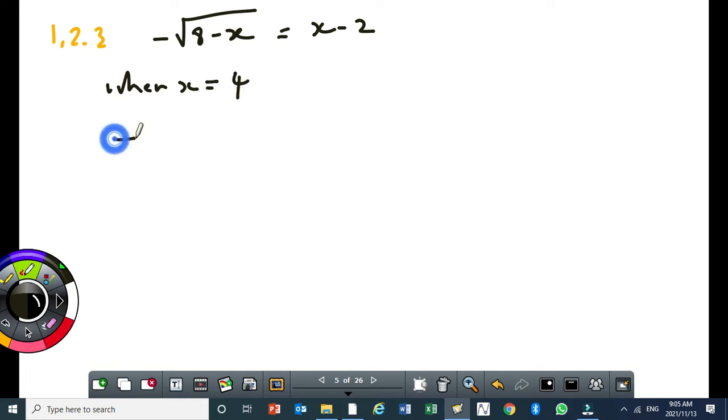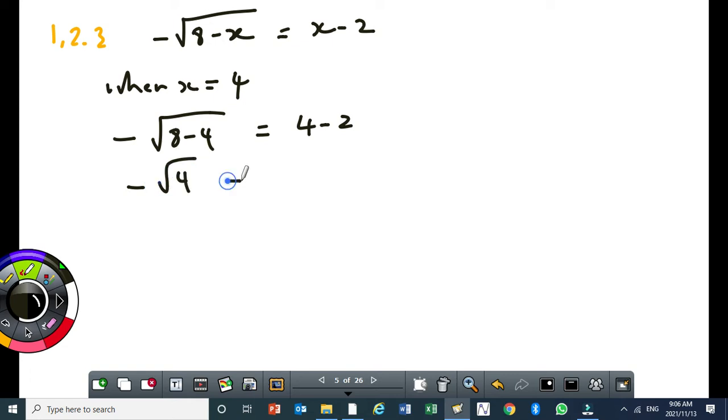So this becomes minus the square root of 8 minus 4 is equal to 4 minus 2. And then you get minus the square root of 4 equal to 2. This will give me minus 2 equal to 2, which doesn't work. Makes sense. So if you have that minus there, x equal to 4 will no longer be a solution. It's only a solution when the square root of 8 minus x is positive.